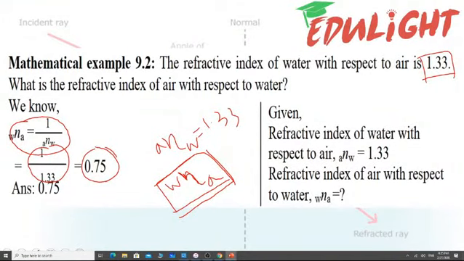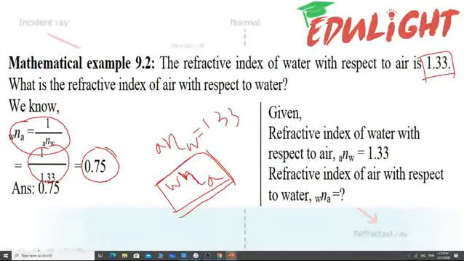There must arise a question here: why is the reverse one, the refractive index of air with respect to water, seen to be less, while the refractive index of water with respect to air is seen to be more?